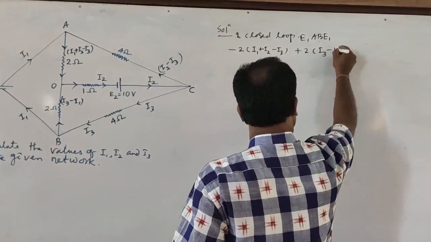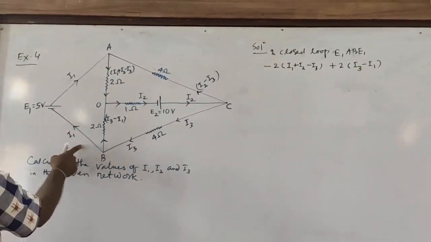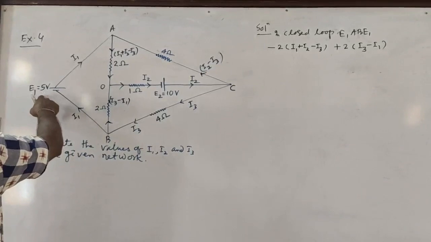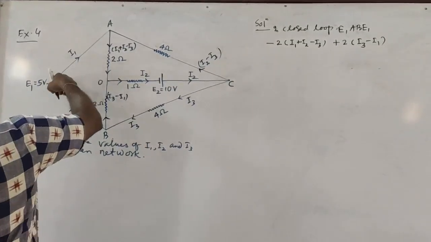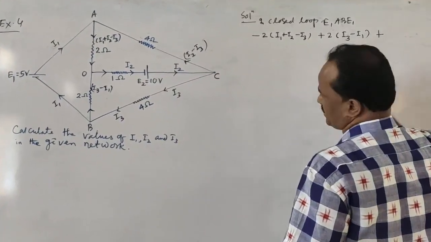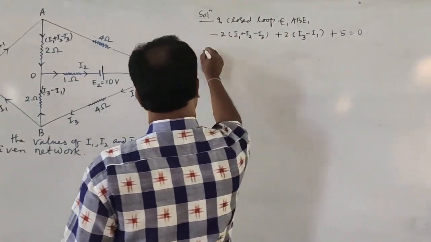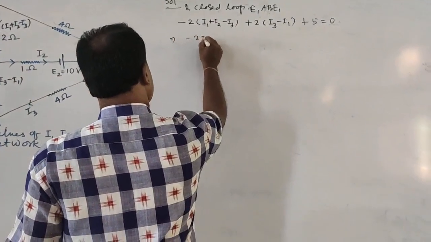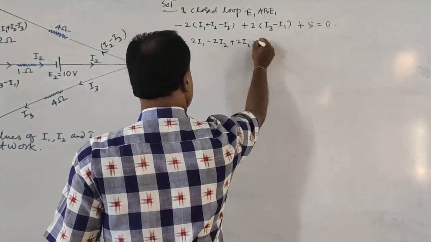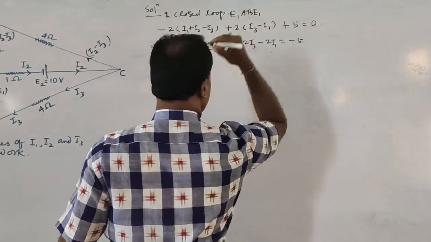Then from B to E1, there is no loss or gain of potential, and as we are now reaching the negative terminal of the battery of EMF 5 volt, the current starts from the positive end, so there is a gain of potential across this source, taken to be positive: plus 5 volt is equal to 0. Let us solve this. Minus 2I1 minus 2I2 plus 2I3 plus 2I3 minus 2I1 is equal to minus 5.